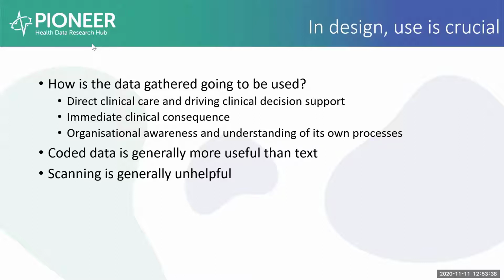We know that in clinical records, coded data is generally more useful than text because you can reprocess it and you can create big data sets with it. And we know that scanning is generally unhelpful because at the current time, we can't use a lot of scanned or photographed text very easily for putting that back into big data sets. Next slide, please.